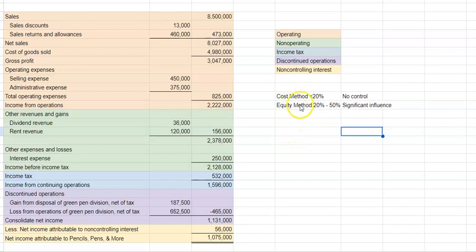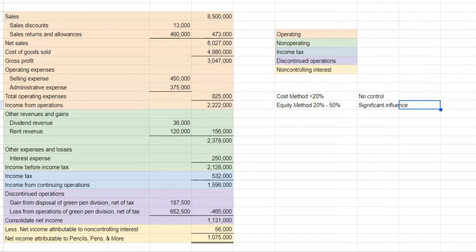Now, obviously, if we are using the equity method, let's say we own 45%. Let's say that we own 45% of a company, but one other shareholder owns 55%.